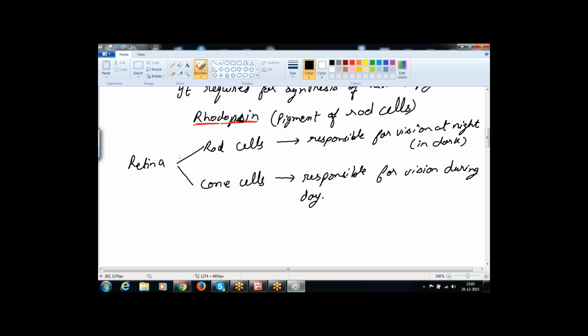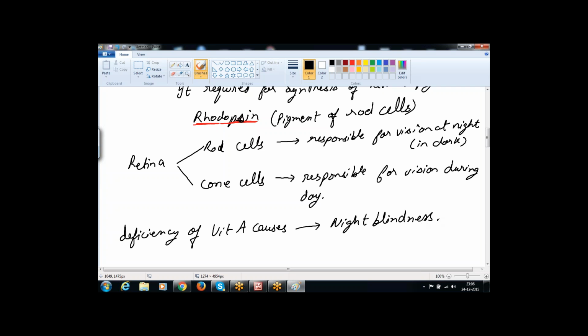Now, in vitamin A deficiency, rhodopsin will not be there, rod cells will not be functioning. So deficiency of vitamin A causes night blindness. These people have normal vision during bright light, that is during day, but at night when it is relatively dark, they go completely blind.